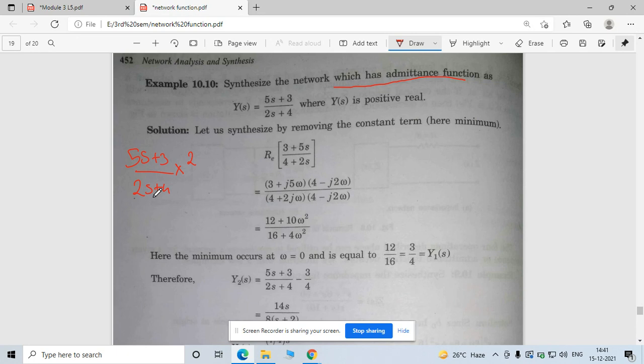So first of all, you have to replace this s term with the j omega term. Now 5 j omega plus 3 divided by 2 j omega plus 4. So you have to rationalize with this 4 minus 2 j omega divided by 4 minus 2 j omega.